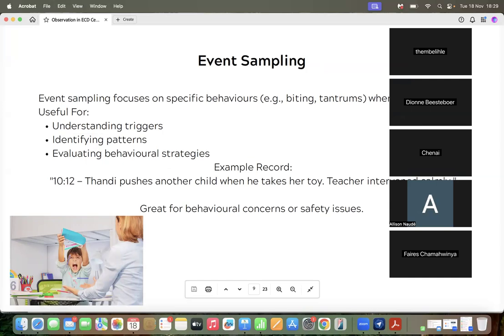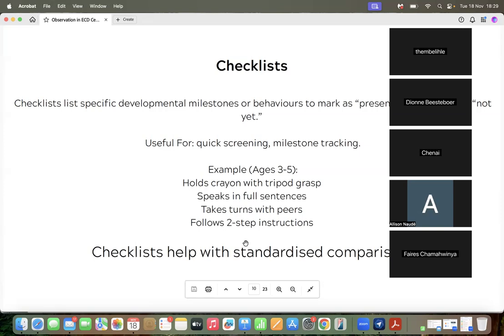All right, thank you. We can just go to the next slide. A checklist: specific developmental milestones or behaviors to mark as present, emerging, or not yet. It's useful for a quick screening or milestone tracking. For example, age 3 to 5: holds a crayon with a tripod grip, speaks in full sentences, takes turns with peers, and follows 2-step instructions.